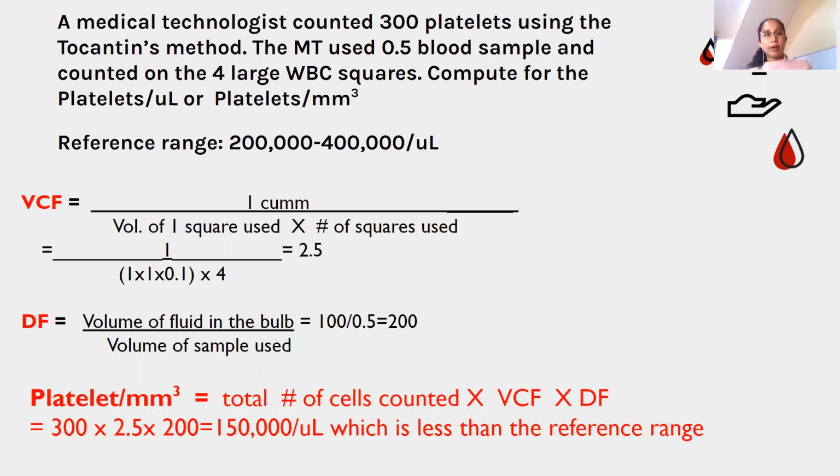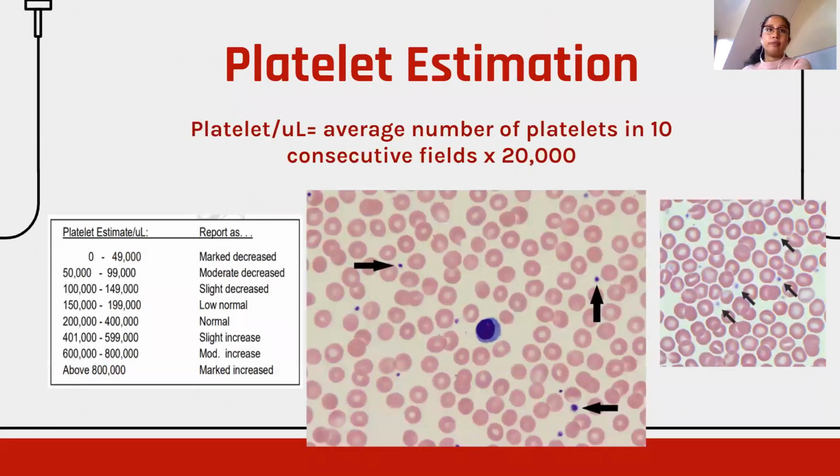So, 275 times 2.5 times 200. Kunyari, medical technologists counted 300 platelets in chamber 1 and 250 platelets in chamber 2. Get the average of the two chambers, then compute kung same naman yung ginamit niya.